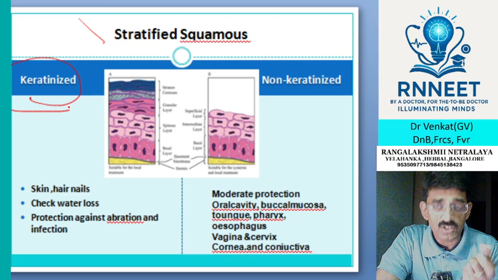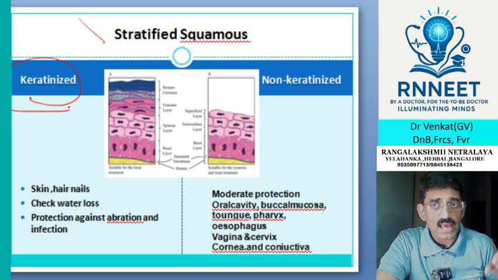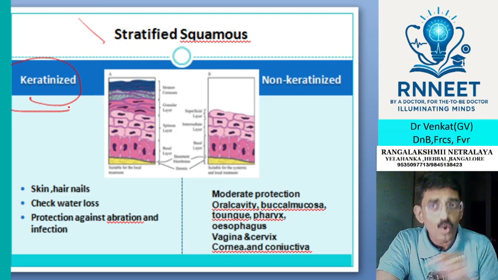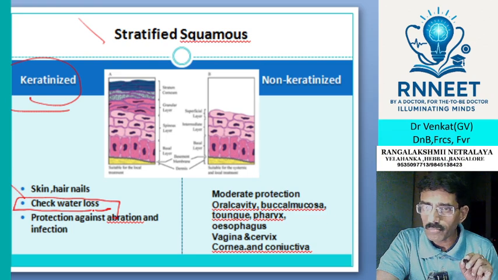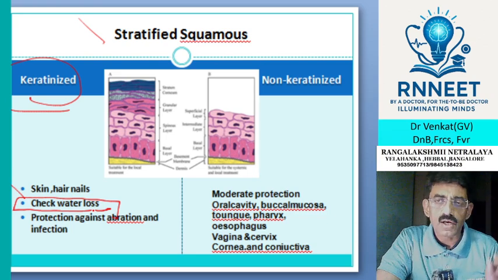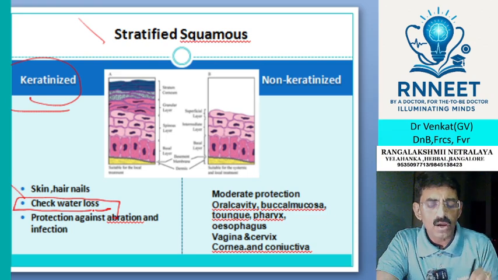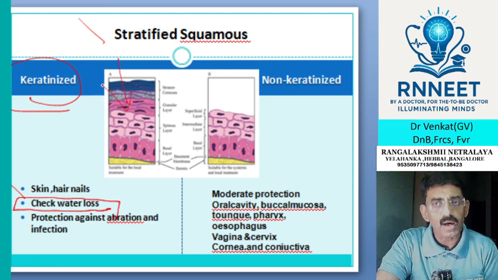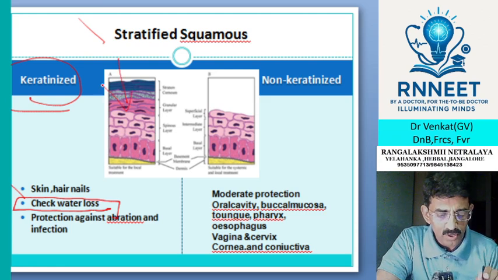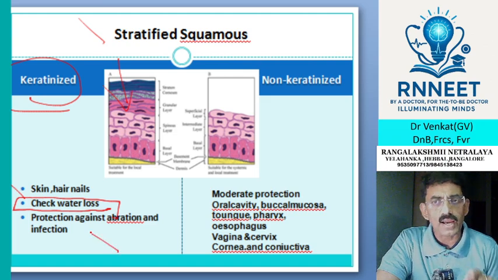So the skin which is present at the callus, the base of your feet or the toe, is basically keratinized, and its role is to check water loss. Keratin is a thick material, and that material ensures that water cannot pass through, so it prevents water loss, and also gives a great amount of protection against any damage.